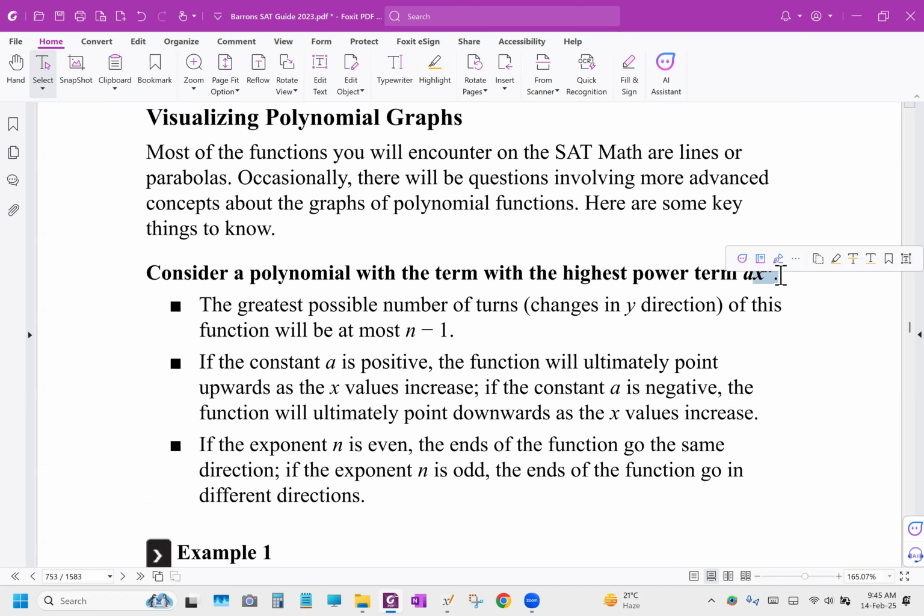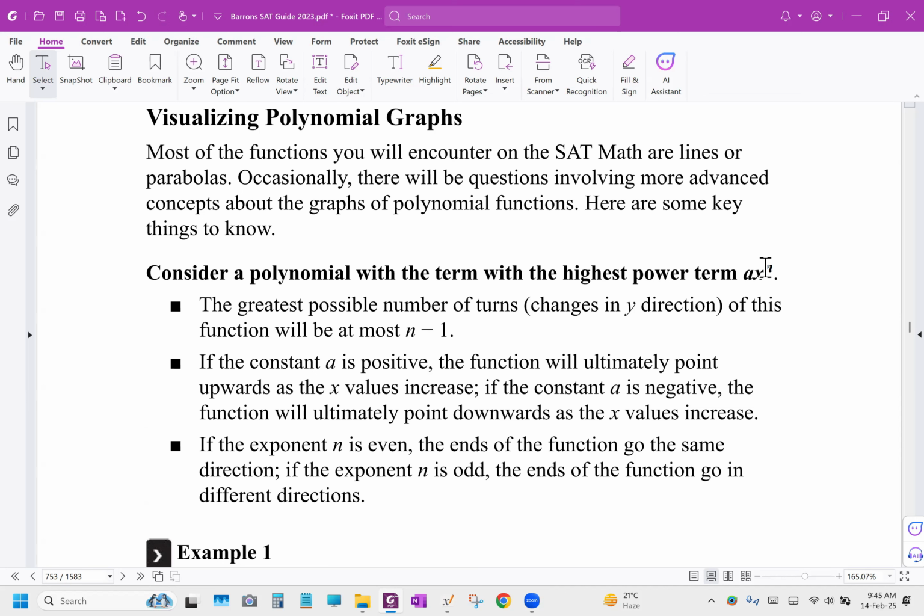And ax to the power n is the highest power term. n is the highest exponent. The highest exponent is called the degree. The degree of the polynomial is n.